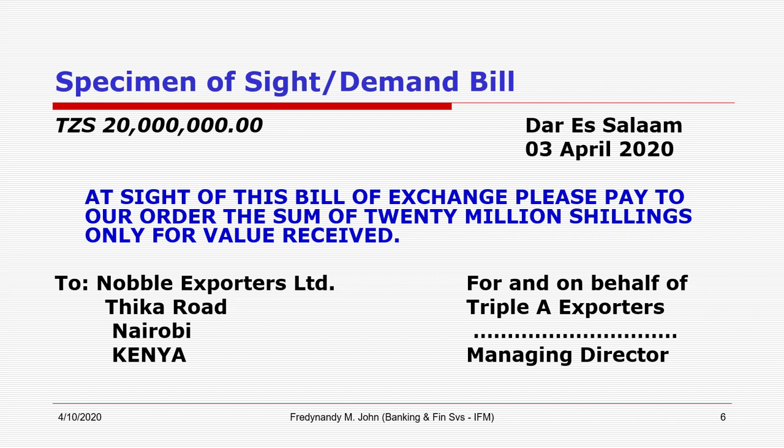This bill was drawn by AAA exporters, signed by the managing director, and directed to Noble Exporters Limited in Nairobi. So that is to say, the maker or the drawer of the bill is AAA exporters, while the drawee is Noble Exporters Limited of Nairobi, Kenya.